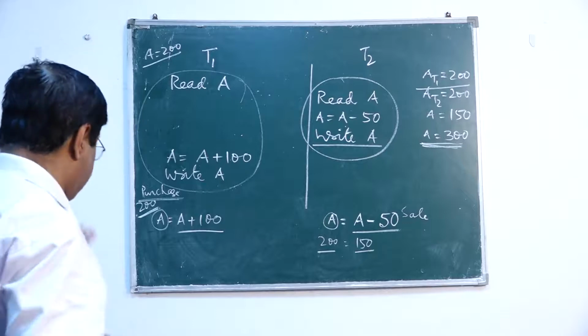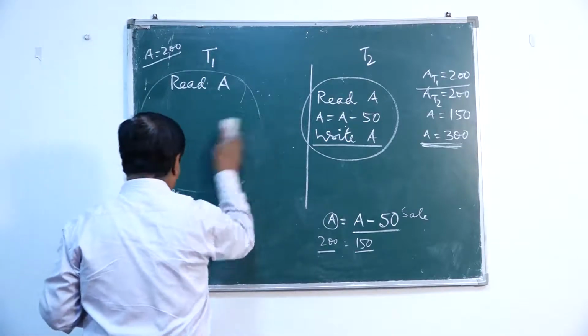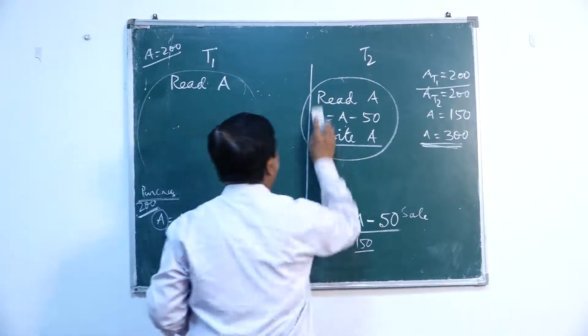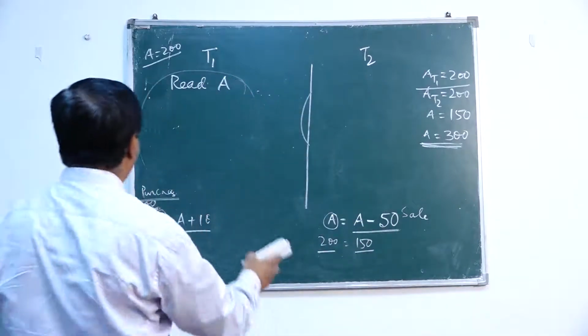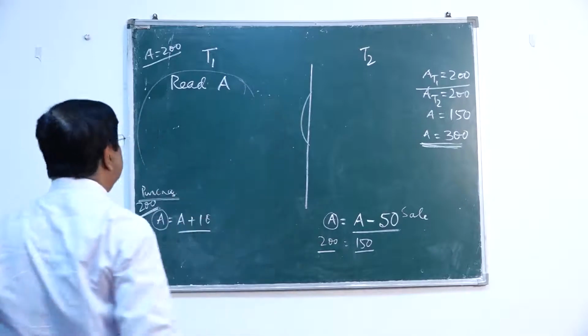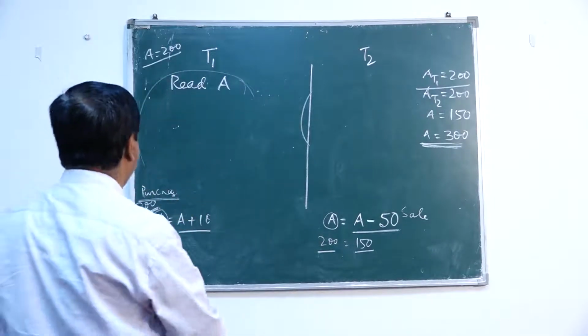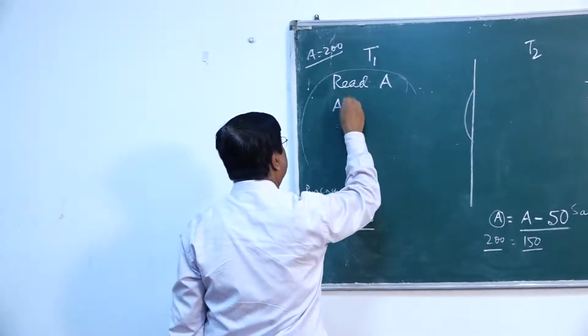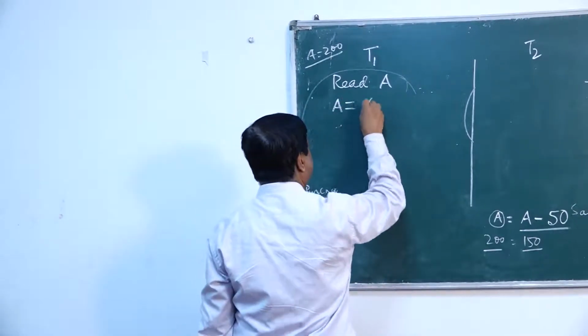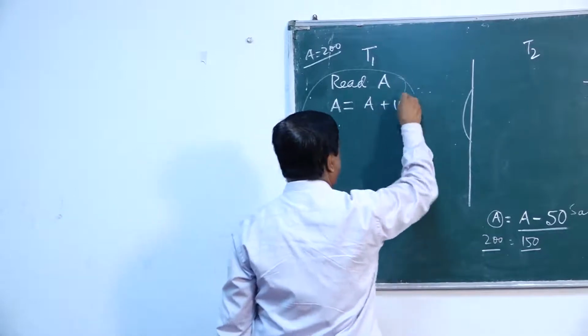Okay? We can write this schedule in another way also. Here it is A is equal to A plus 100.